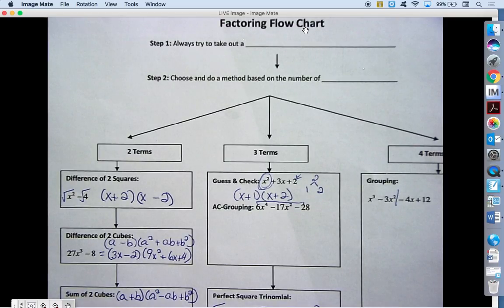The second thing, you're going to choose a method based off the number of terms. If there are 2 terms, then you would go to that part of the flow chart. If there's 3 terms, you'd go to the middle. If there's 4 terms, there's only one option: factor by grouping.